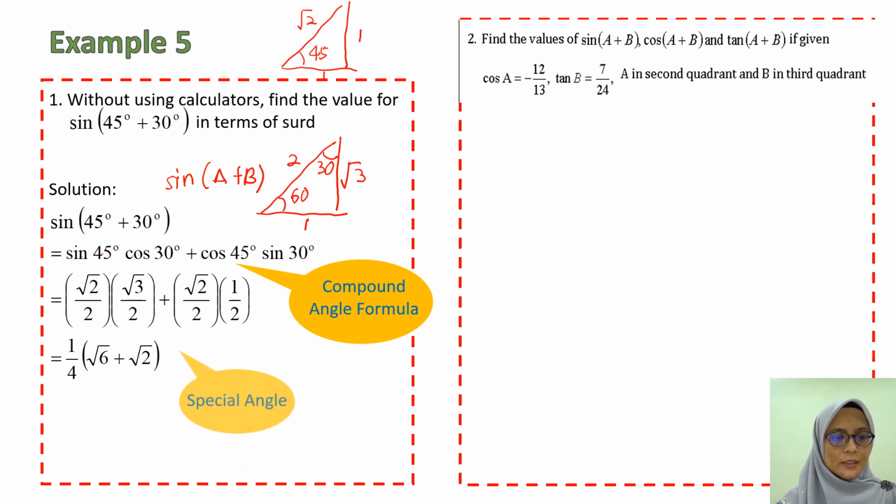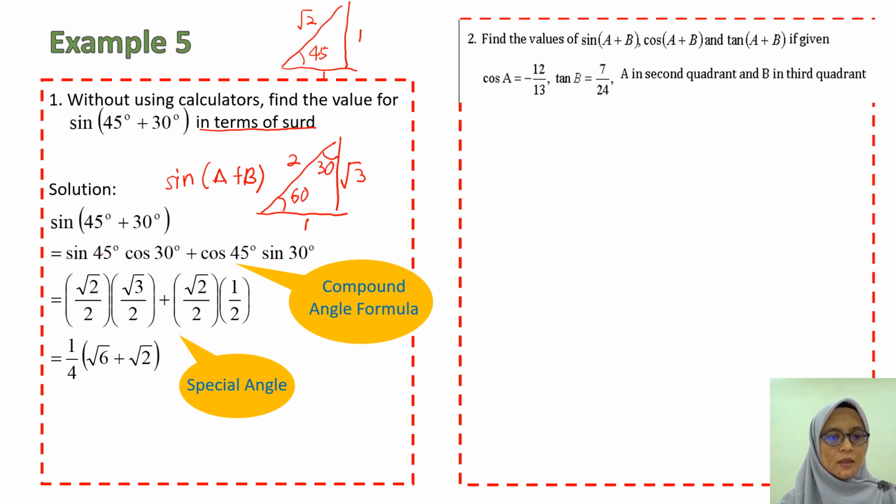Then you can substitute the values: sin 45 is 1 over root 2, which we rationalize by multiplying by its conjugate. Then cos 30 is root 3 over 2, plus cos 45, also rationalized using its conjugate. Then sin 30 is 1 over 2. Okay, so then we calculate and get root 6 plus root 2 over 4. This one must be in terms of root because the question asks you to give your answer in terms of root.